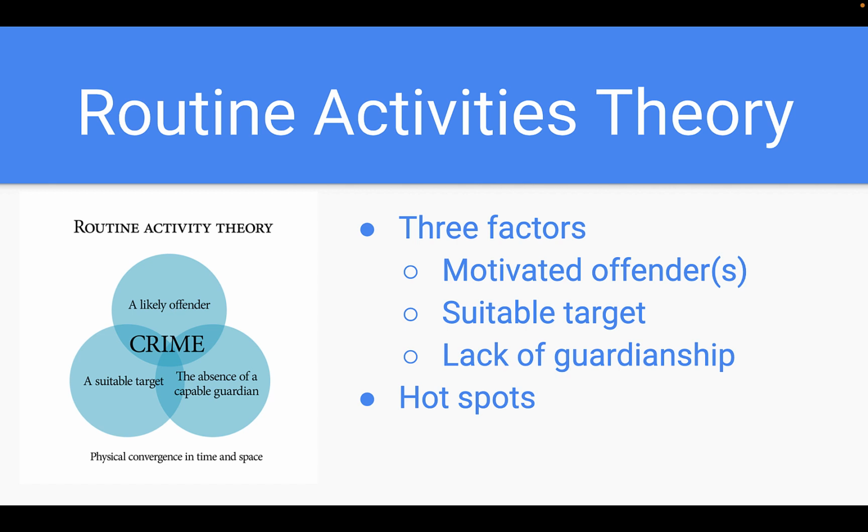Guardianship itself is things like having an alarm on your car or your house, right? So lack of guardianship would be not having those things. Security guards, police, anything like that, even a security system.